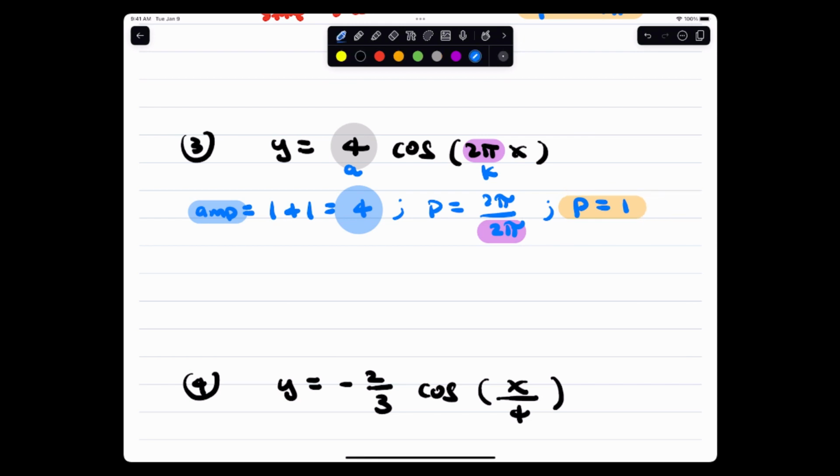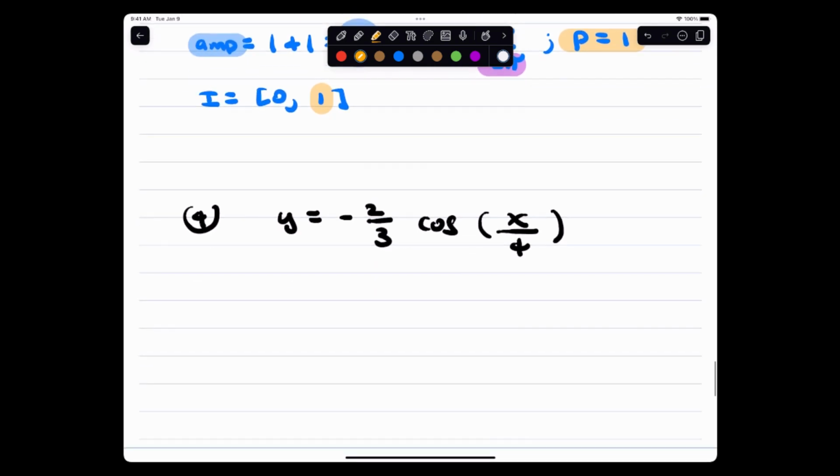Now, interval of one cycle definition. Interval of one cycle is going to be from 0 to 1, and here you go. Anybody have any questions on that one? Is that what you guys got yesterday when we did this at the end of the lecture? You guys got these answers, hopefully? Okay, good.